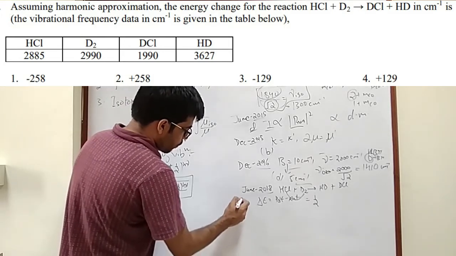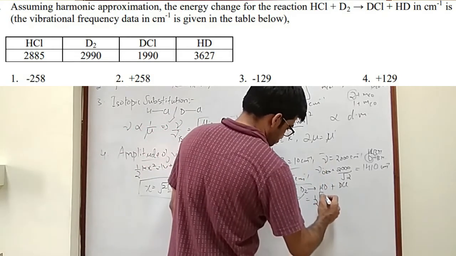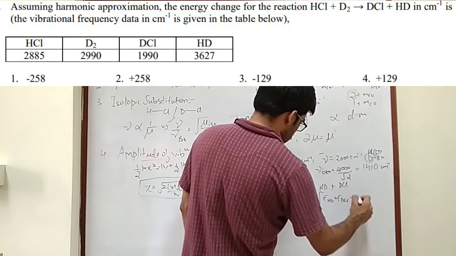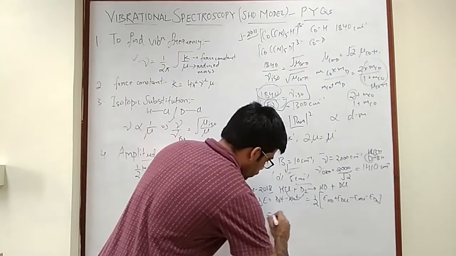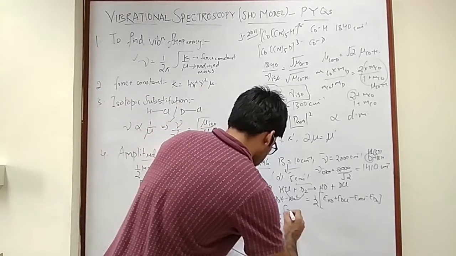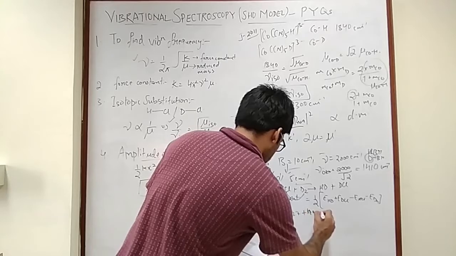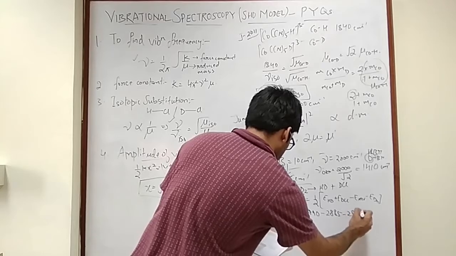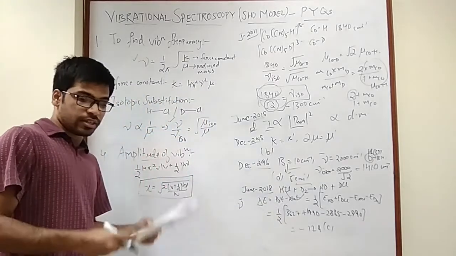So you would need half times energy of HD plus energy of DCl minus energy of HCl minus energy of D2. So HD is 3627, DCl is 1990, minus 2885, minus 2990, and this would come to be minus 129, which is given in your option number C.